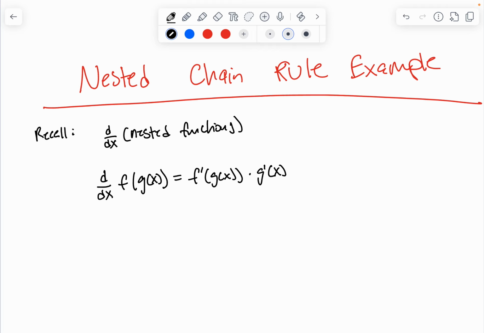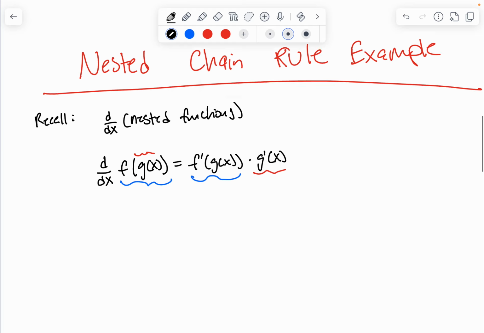What this shows is you have your outer function f of x, take the derivative of just the outer f of x, keeping the inner one the same. Then you multiply it by the derivative of the inner function, g prime of x. So that is the generic chain rule formula.